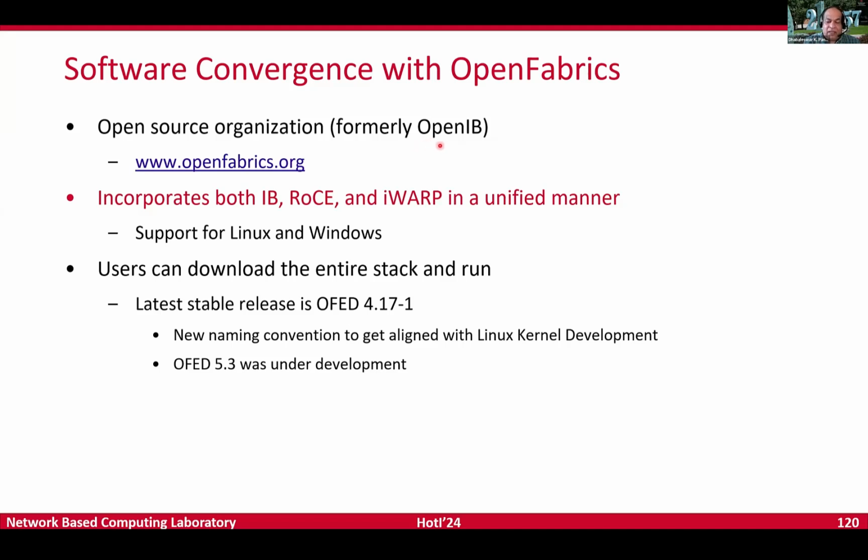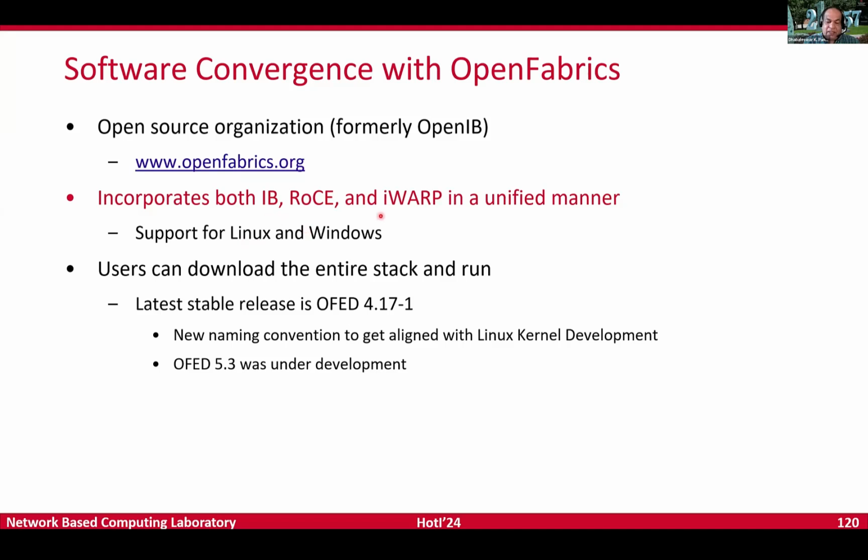It started. Then when iWARP came from Chelsio, there was a lot of discussion. NetEffect also, there was another company. So then there was a lot of discussion, and this IB community and the iWARP community merged together, and then OpenIB was renamed as OpenFabrics.